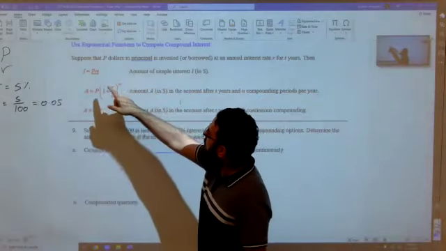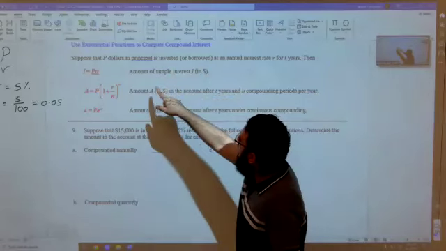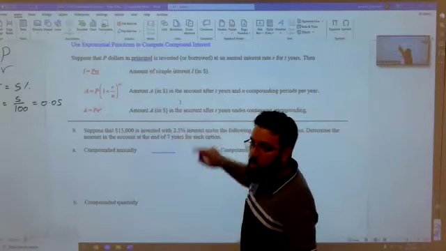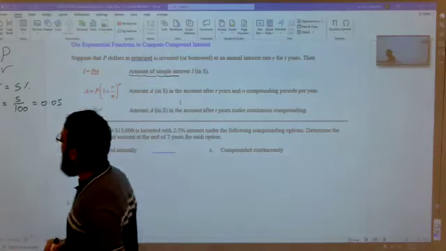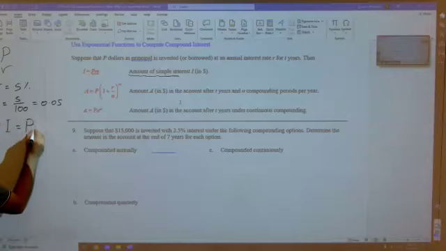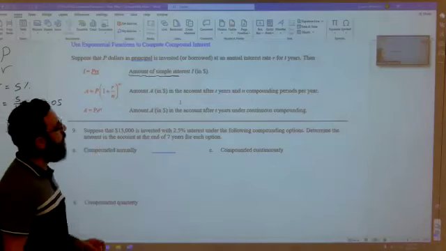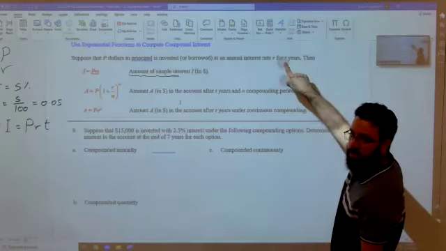Then I equals. I is what? Amount of simple interest. So every time you see find the amount of simple interest, I is the simple interest equal to P R T. This is the formula. I'm going to use this formula. Now, we forgot T. T is what? Years.